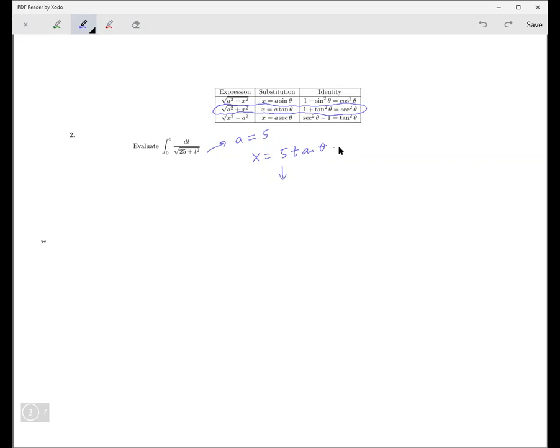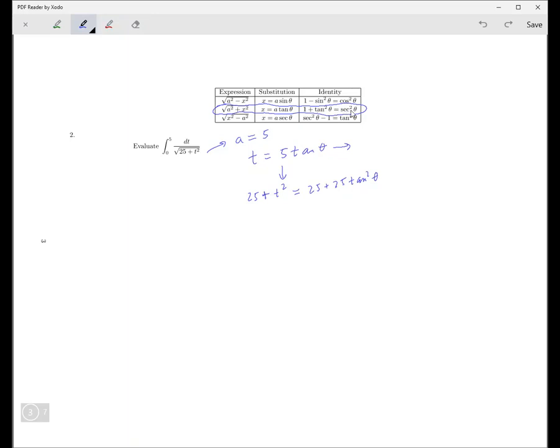Okay, and then this leads to two different things. 25 plus t squared. Oh wait, this is t, not x. Whoa. 25 plus t squared is going to be 25 plus 25 tangent squared.